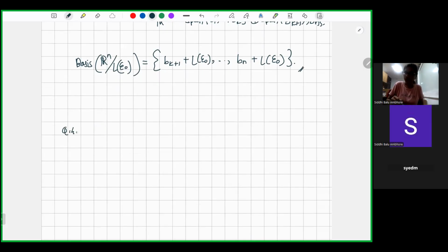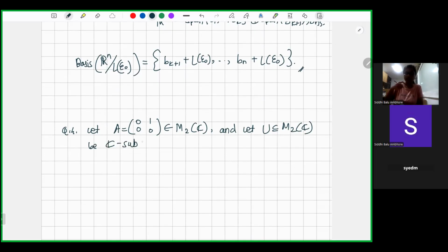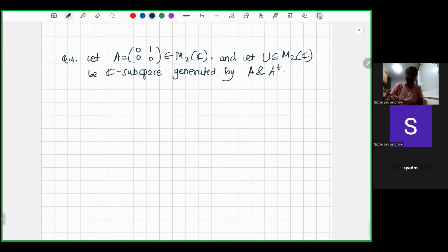And the fourth question now: let A be the matrix 0, 1, 0, 0 in M2(C), and let U be the C subspace generated by A and A transpose. So we are now looking at complex vector subspaces. We will see what kind of space that is.